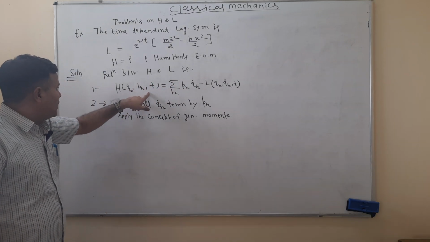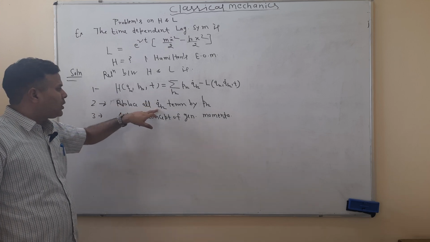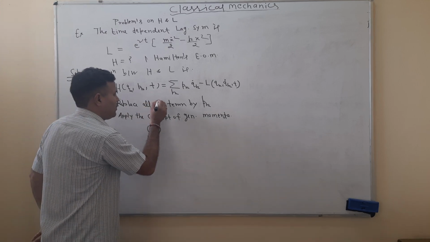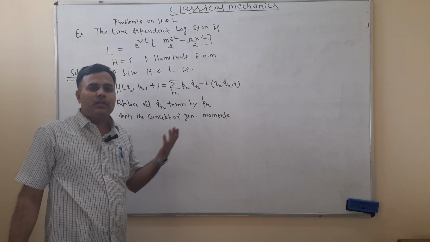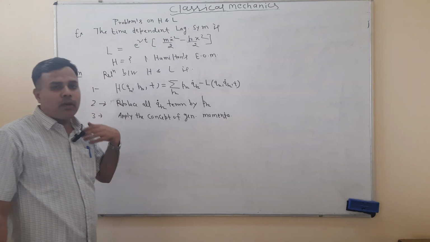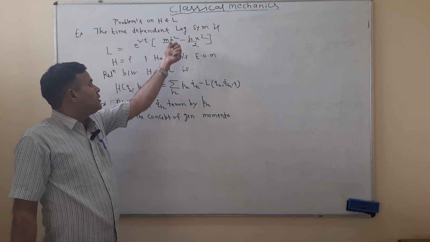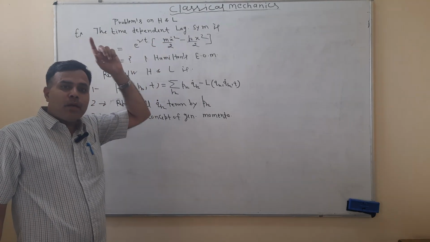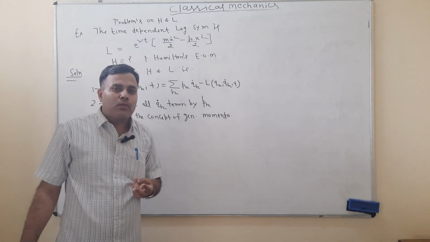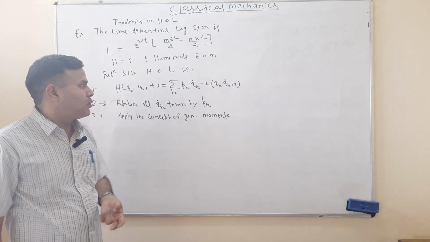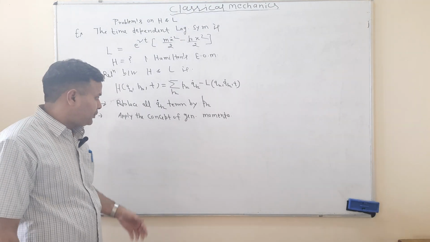Then replace all qk dot terms. The qk dot term is the generalized velocity term; it could be anything, which is why it is known as generalized velocity. I have already explained its meaning. In this case, our generalized velocity is x dot, and in the earlier example it was x dot and y dot, because we had two generalized coordinates. In this case, we have only one generalized coordinate.